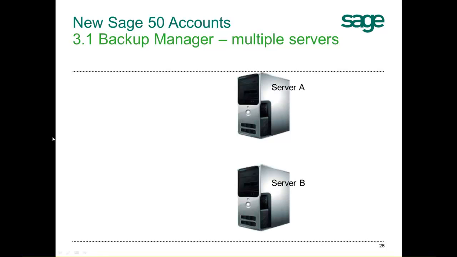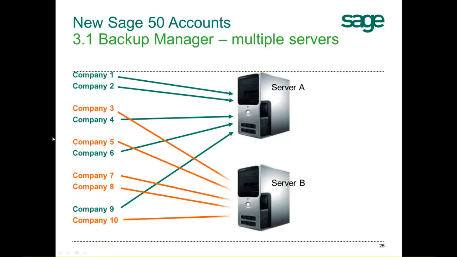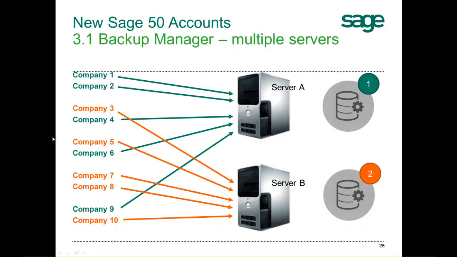Now, in regards to the backup file manager as well, depending on multiple servers, you can have the backup manager running for multiple servers. So even if clients are on different servers from company 1 and 2, the backup manager will be able to deal with that and back up the copies for you.